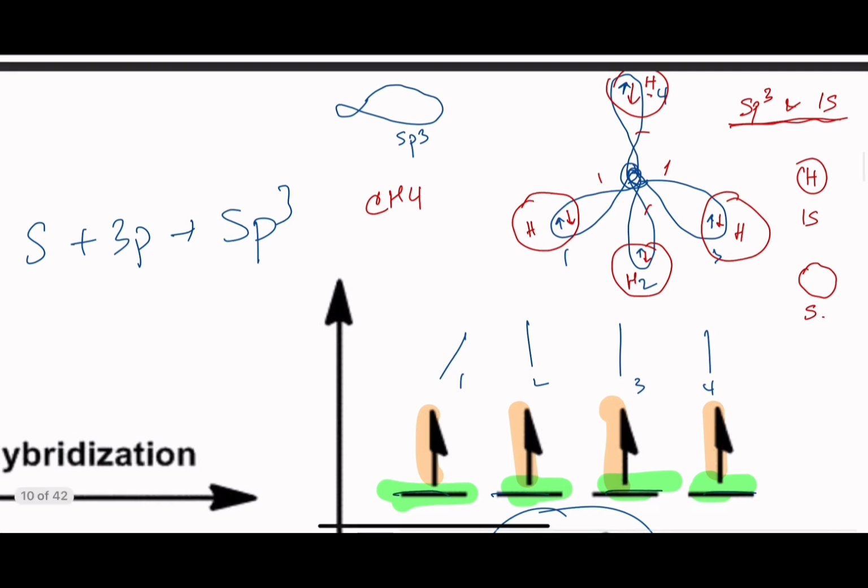So each hydrogen brought a 1s, and then we have sp3, sp3, sp3, and sp3. So 4 sp3 orbitals and 4 s orbitals combined and made sigma bonds.